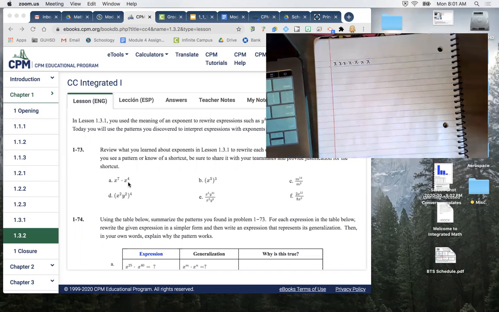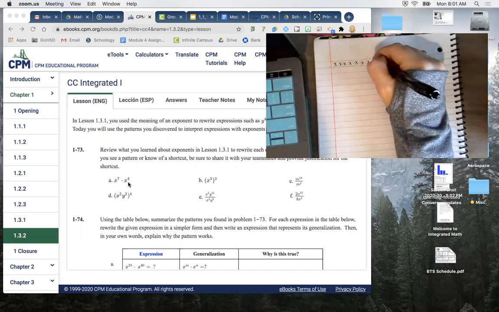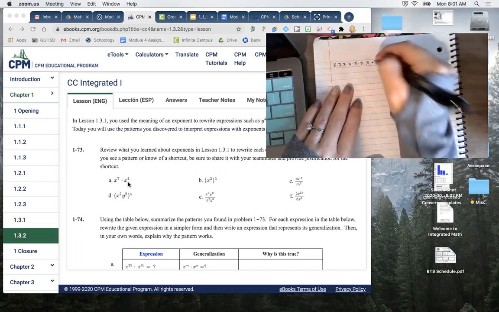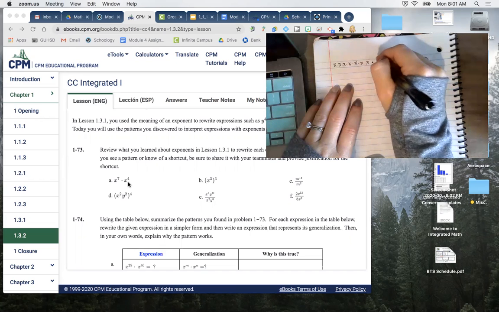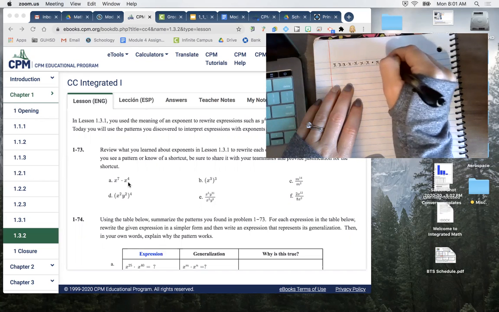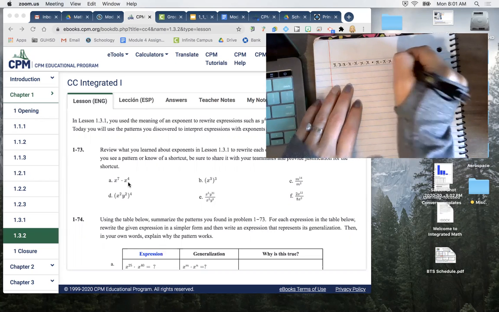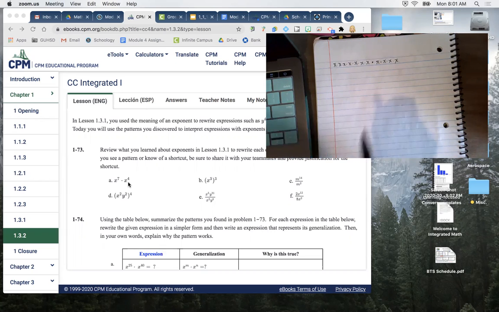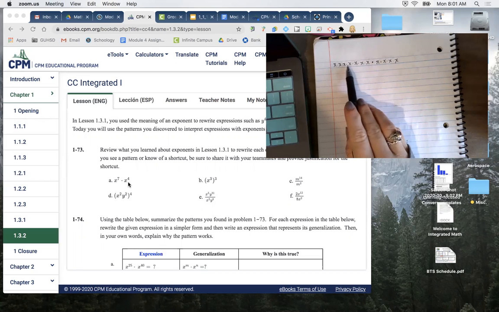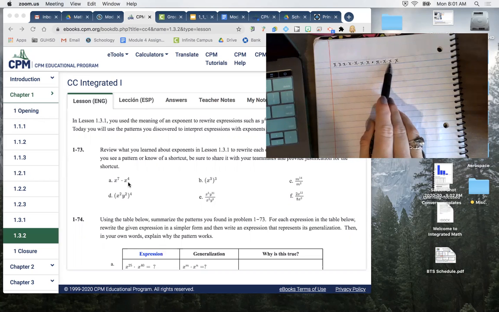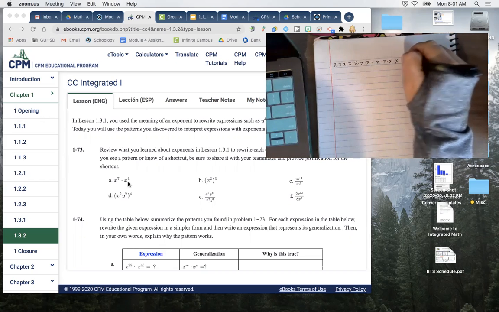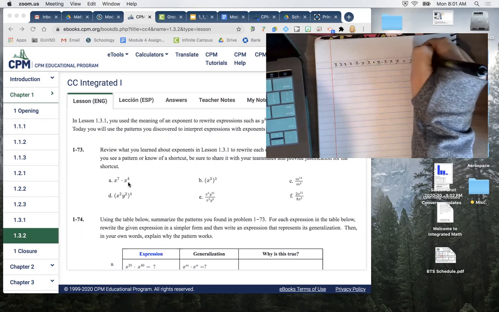So that's my first one. And then I would have times, and I have 4 more of those, x to the fourth power. 1, 2, 3, 4. What we end up with is 1, 2, 3, 4, 5, 6, 7, 8, 9, 10, 11. We can now make that x to the 11th power.